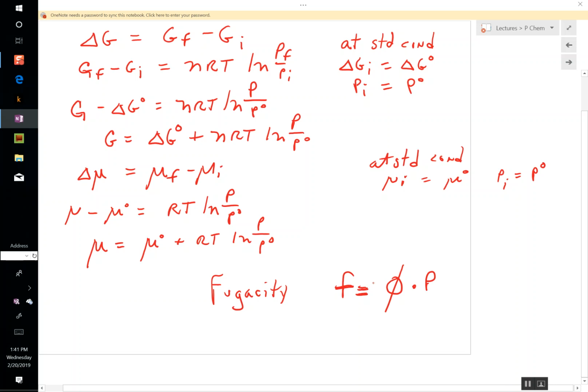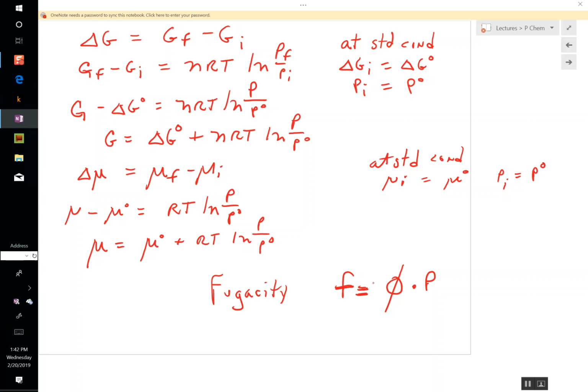And if it is an ideal gas, the fugacity coefficient is 1, and fugacity is pressure. There's no difference between the actual pressure and the pressure of that gas. It's an ideal gas.